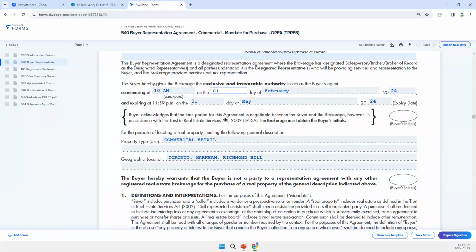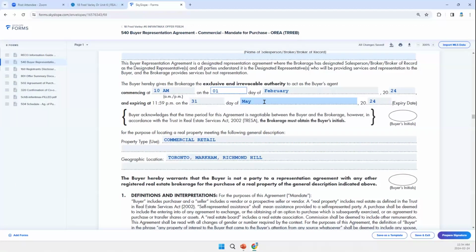If it really is the case that just a couple of days ago you couldn't find it and today you found it, then just put a couple of days ago. Be realistic. For expiry, you put down 3 months, 4 months, that's okay. It's up to you and your client. Usually for commercial, we put a little bit longer. So February, March, April, May.